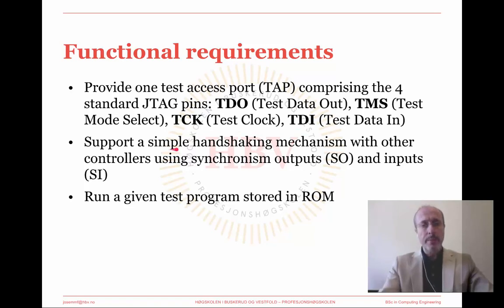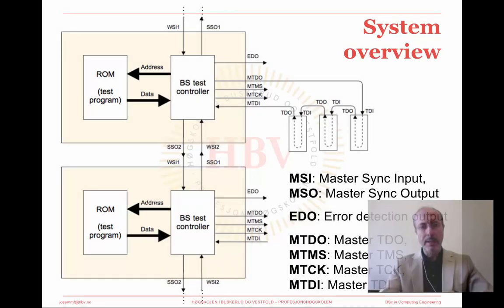If the board has multiple boundary scan chains, then we will need multiple boundary scan controllers present, and that is why we need this simple handshaking mechanism. And finally, the overall objective is to run a test program stored in a local ROM, comprising a set of test instructions that will be presented in a later slide.